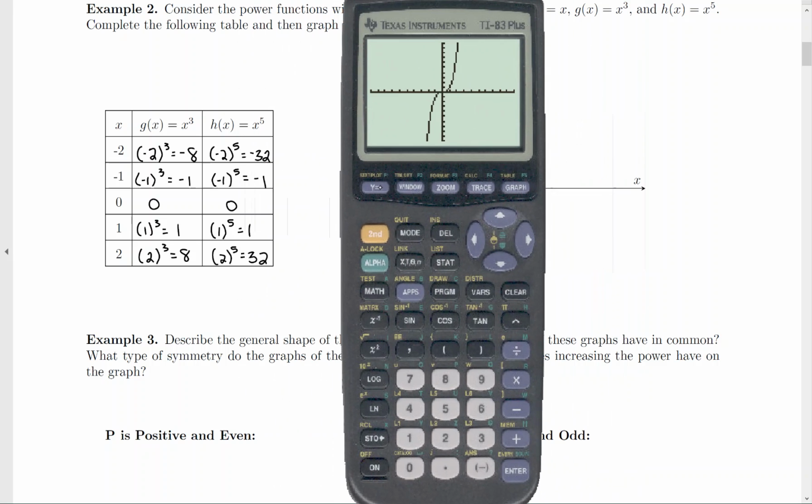All right, so let's see what x to the fifth does. So I've got x raised to the fifth power. Graph that. And notice it comes in a little closer to the y-axis. Again, it's a little skinnier, all right? Or it's been vertically stretched up a little bit, it looks like, from x cubed.